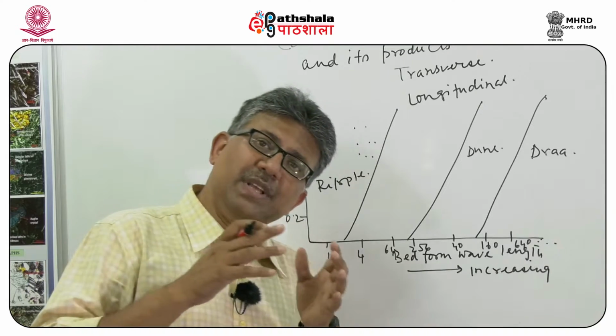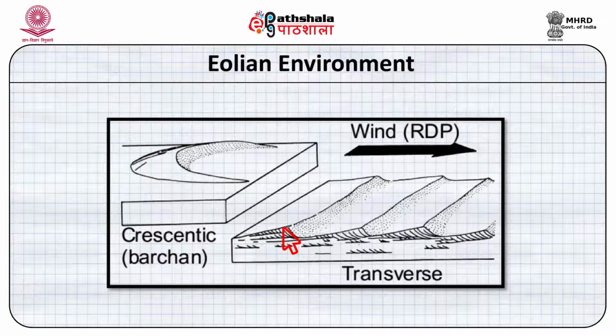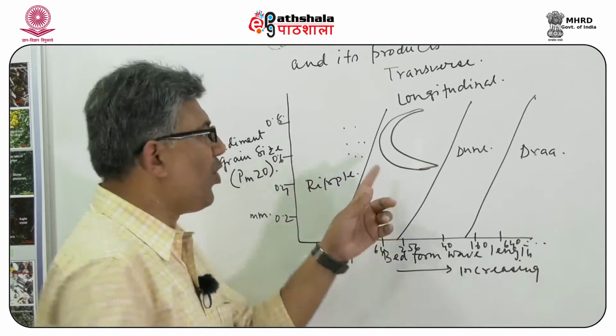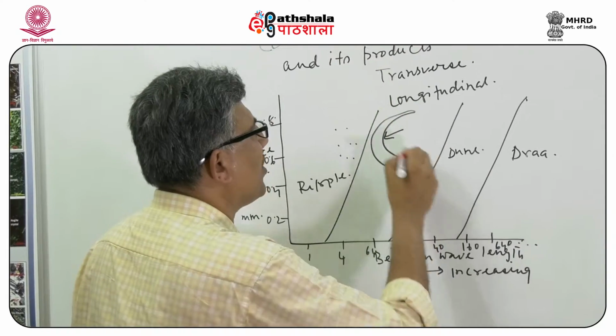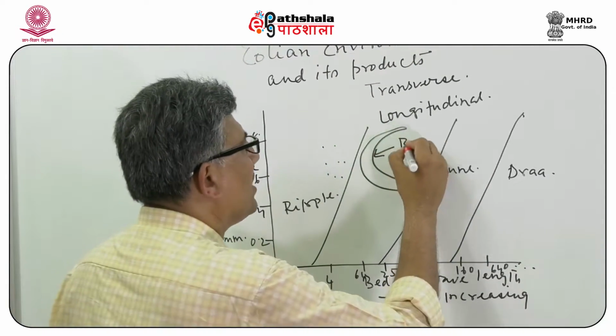Sometimes the crest lines are crescentic. If I have a crescentic crest line, which has two wings on the two sides, we call it the crescentic bed form, that is called the barkhan.